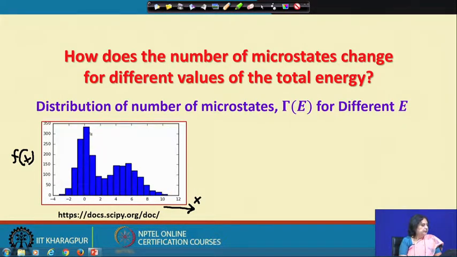I find that the number of times I get a value close to 0 is maximum. If I ask how many times shall I get the value x equal to 10, you see that this comes much less frequently compared to the value x equal to 0.